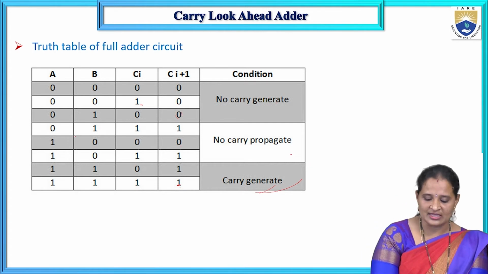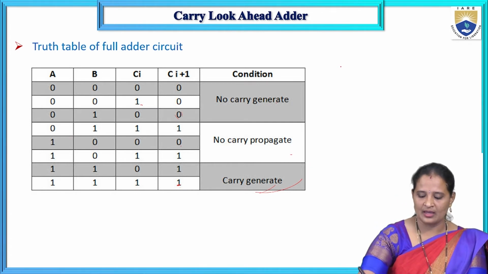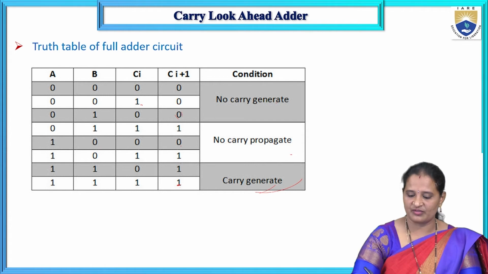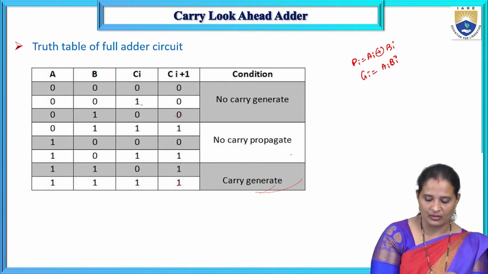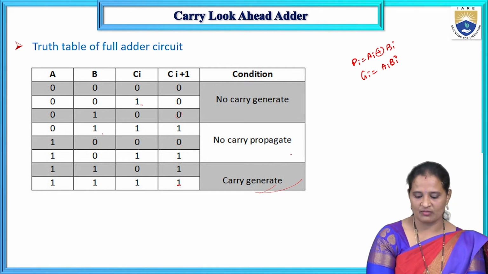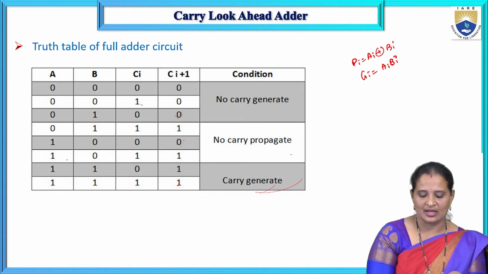So in this case, if you see what function we have, Pi is equal to Ai XOR Bi, whereas Gi is equal to Ai AND Bi. Now if you look at this one, 0 XOR 1 is 1, 1 XOR 0 is 1, sorry, 1 XOR 1 is 0.